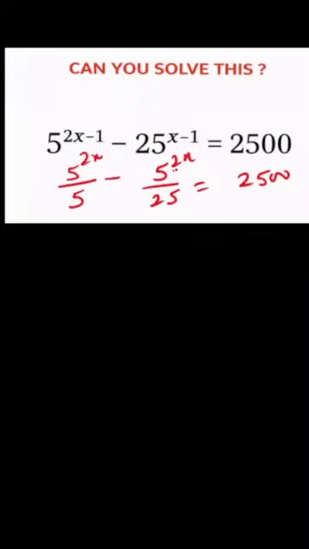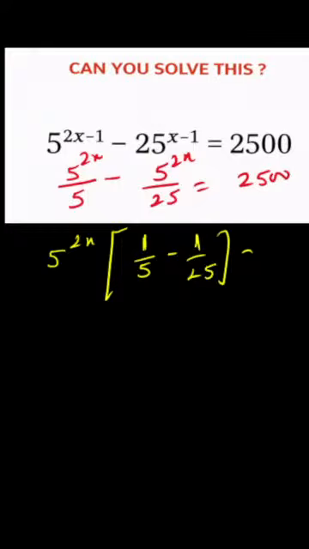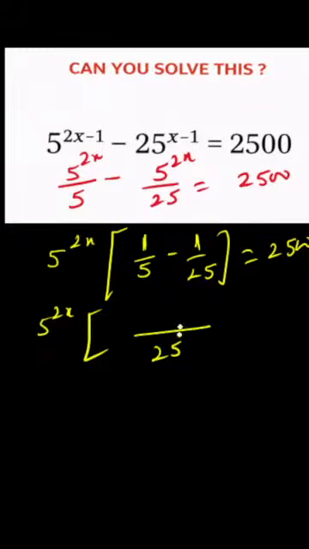And if I take 5 raised to power 2x common, this will become 1 upon 5 minus 1 by 25 is equal to 2500, right? So on solving, taking the LCM, 5 raised to power 2x will remain as it is.